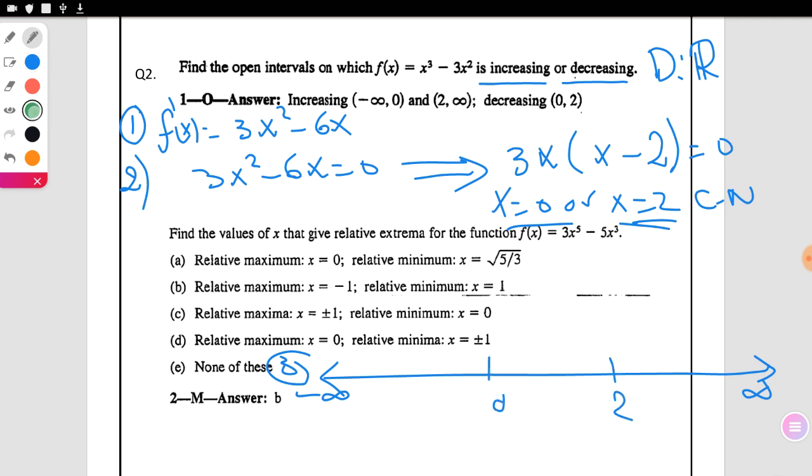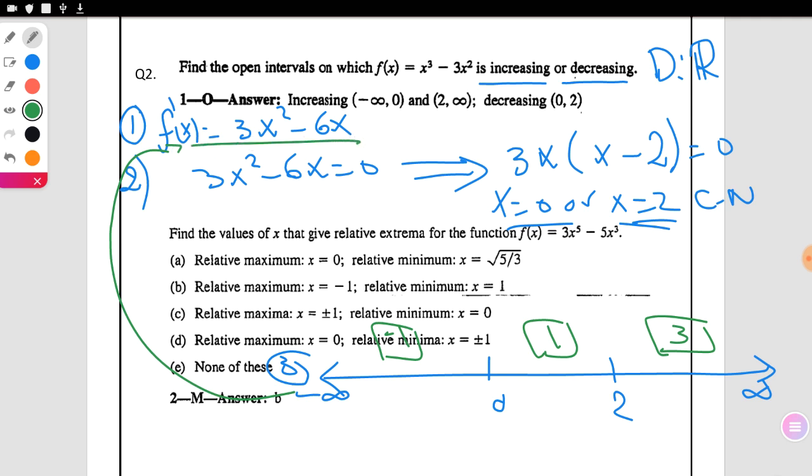So choose the test values which help me identify the sign of the first derivative, because I don't care about the value of it. Here I will choose -1, here we will take 1, and here we will take 3. Replace in the first derivative this one: it will be a negative multiplied by negative, it will be positive.